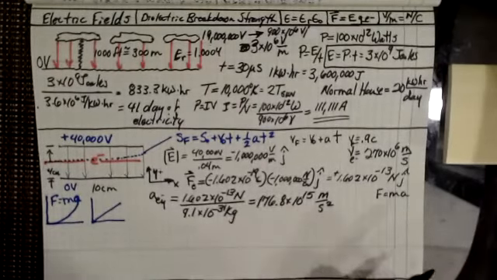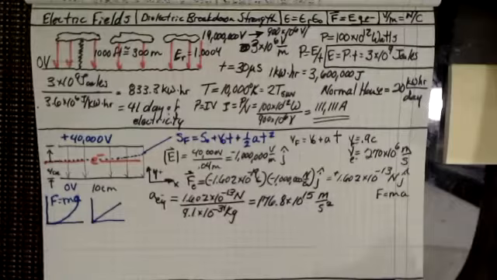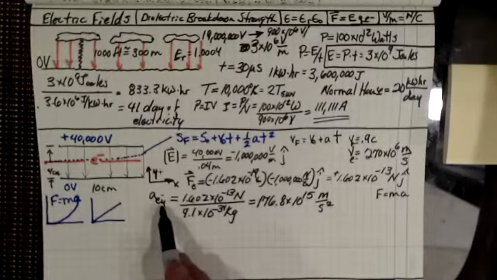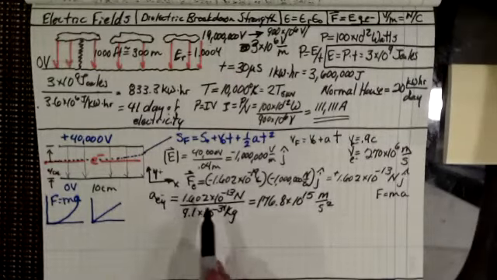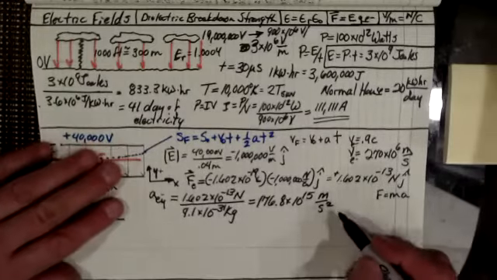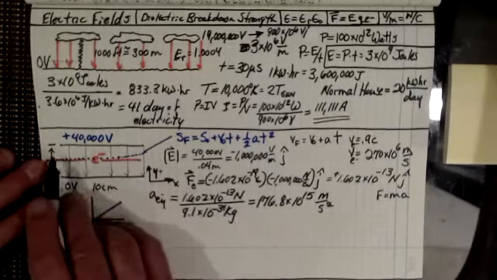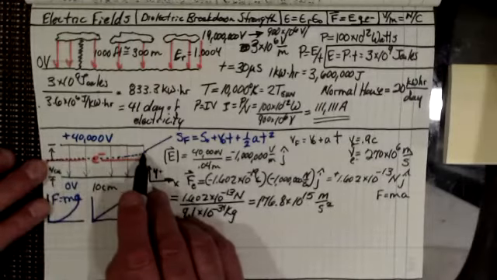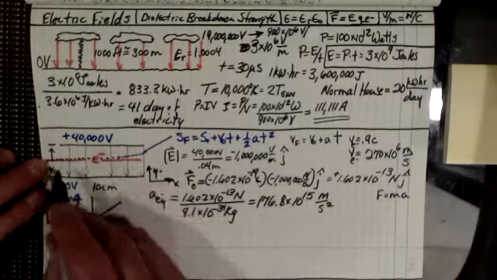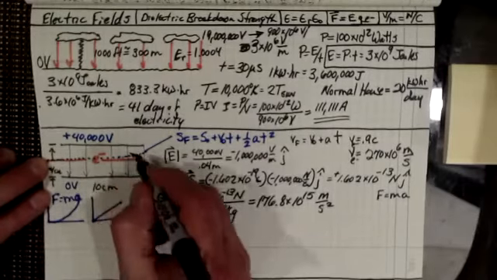Pretty darn fast acceleration, isn't it? But an electron can handle that type of acceleration, right? What would the acceleration be at the end of the time it gets through this electron gun channel? You've got to remember, it's always still going.